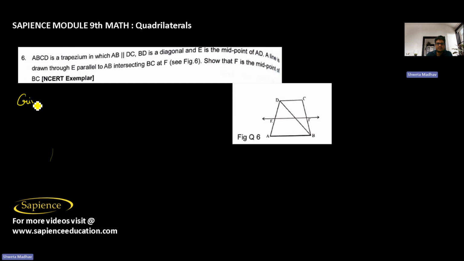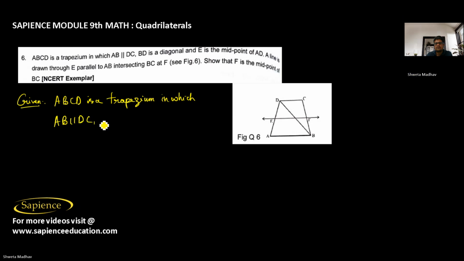Here it is given that ABCD is a trapezium in which AB is parallel to BC. BD is a diagonal, and E is the midpoint of AD.